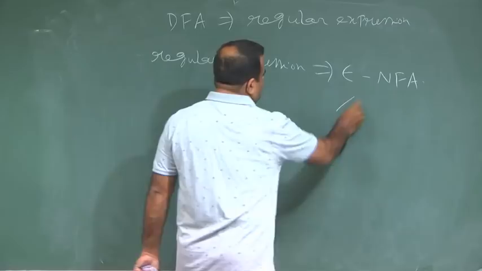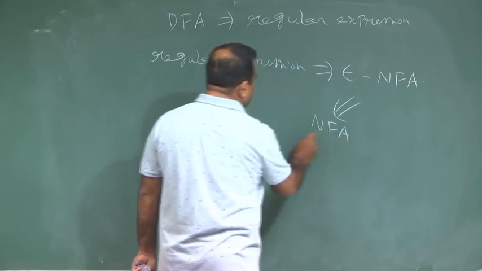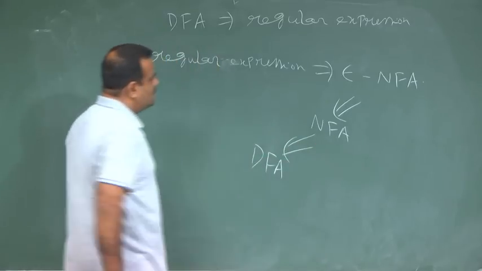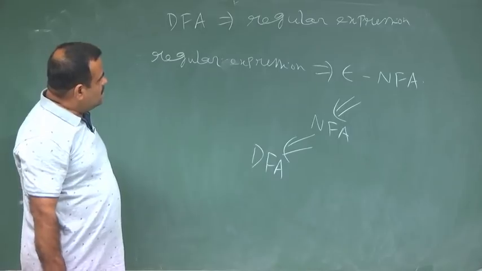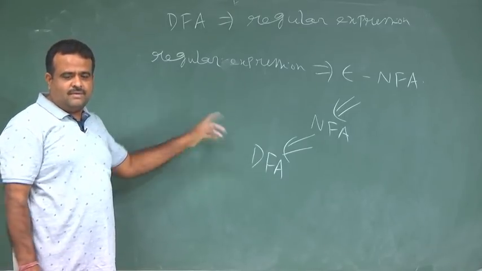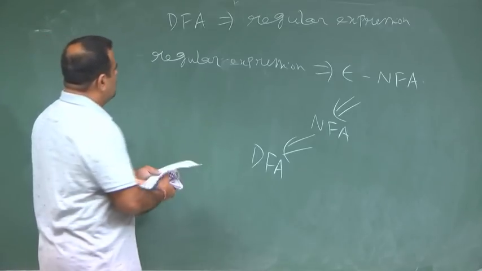And from this epsilon NFA, we can construct an NFA, or directly we can construct a DFA. This is subset construction. So, basically given a regular expression, we can have a DFA, and given a DFA, we can have a regular expression. So, this we can write it here.